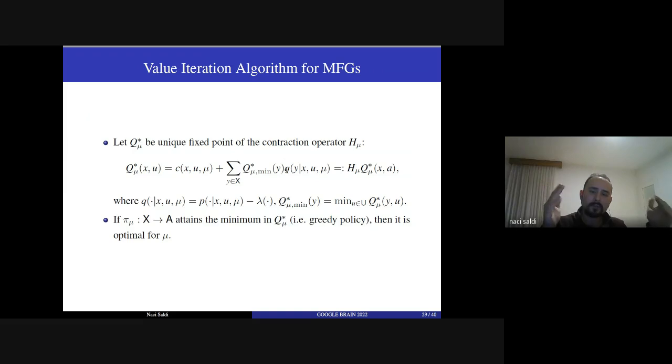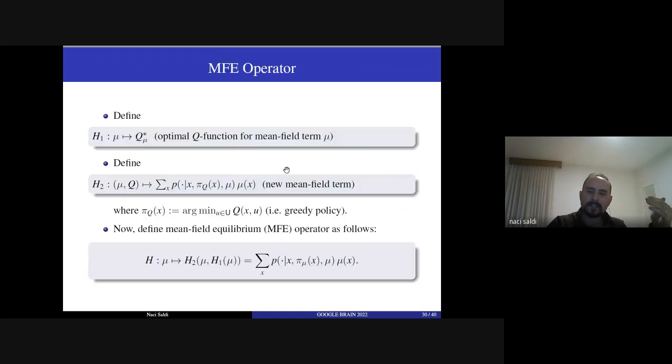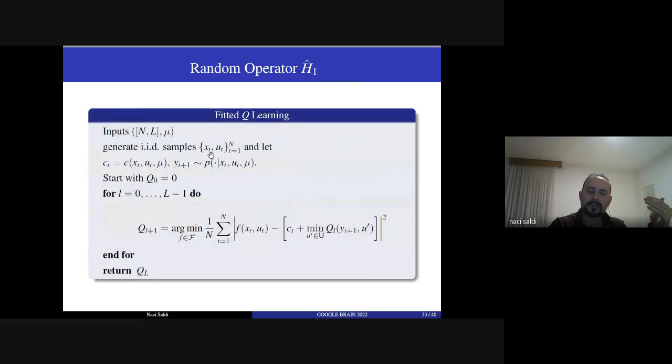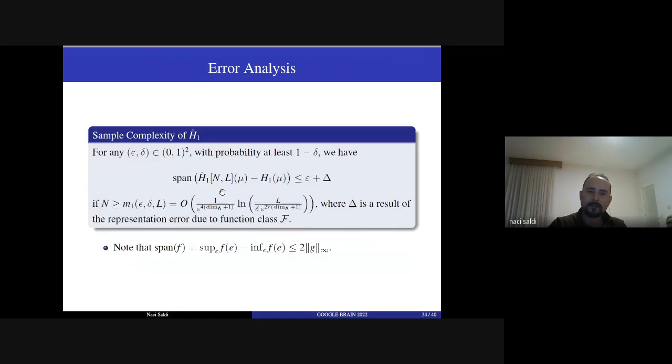But what you can prove is that this operator is indeed a contraction with respect to the span seminorm. And since we are generating our data using our transition probability, not the sub-transition probability Q, we have to work with the span seminorm. And if you work with the span seminorm, you can actually prove a very similar result.